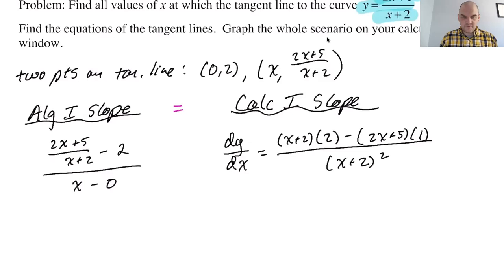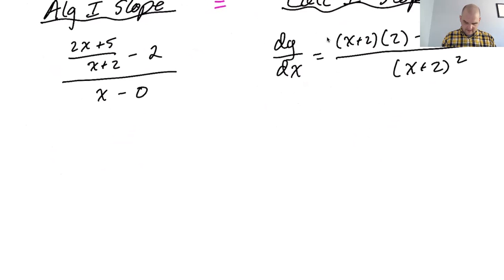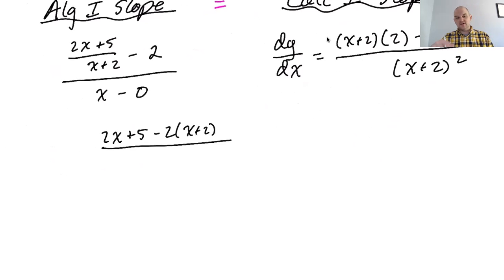And if they're equal, that means we now have a weird equation that we can try to solve. Should I clean this up? I think I probably should. So I'm going to get a common denominator in the numerator, which would be x plus 2. So minus 2 times (x plus 2) over, so x plus 2 drops into the overall denominator and x is still in the overall denominator.